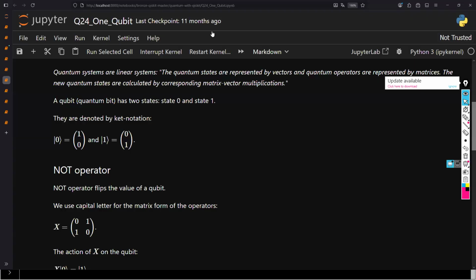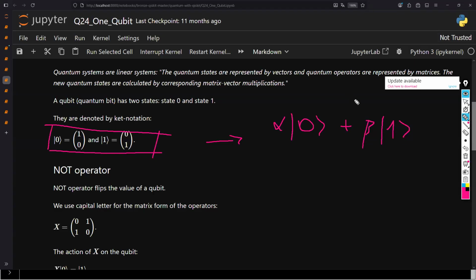It's not that the probabilities couldn't sum up to one, it's that the amplitudes do not sum up to one. The probabilities do. Here in this notebook in Q24, if we describe the state as alpha ket 0 plus beta ket 1, these are the amplitudes.